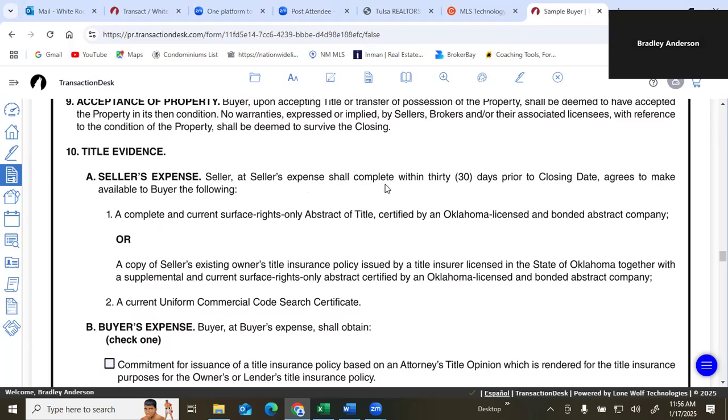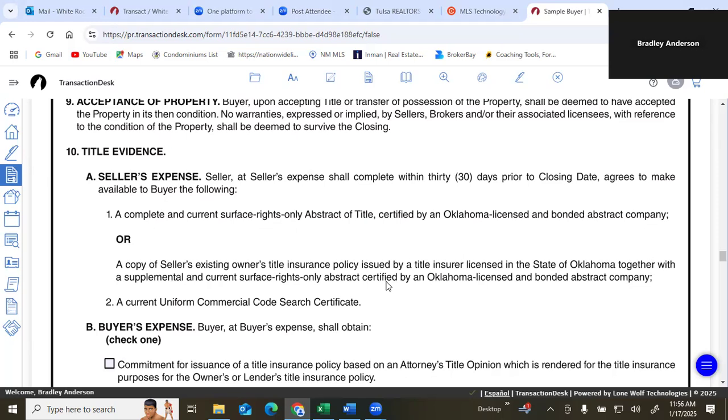Seller at seller's expense shall complete within 30 days prior to closing, agrees to make available to the buyer the following: either a complete and current surface rights only abstract of title certified by an Oklahoma licensed and bonded abstract company, or a copy of the seller's existing owner's title insurance policy issued by a title insurer licensed in the state of Oklahoma, together with a supplemental and current surface rights only abstract certified by an Oklahoma licensed and bonded abstract company.